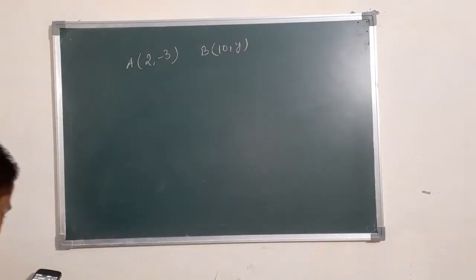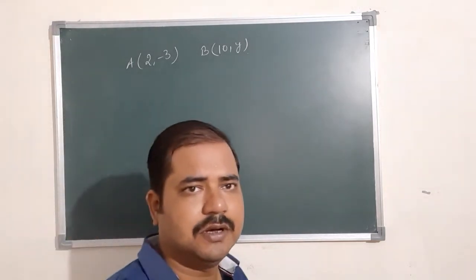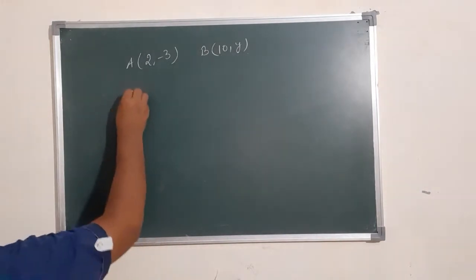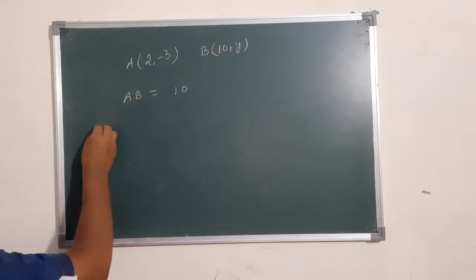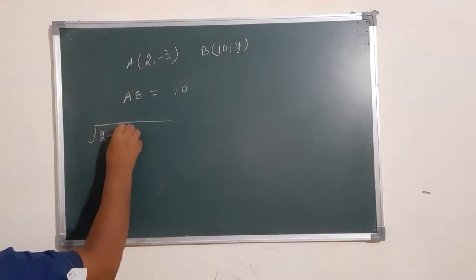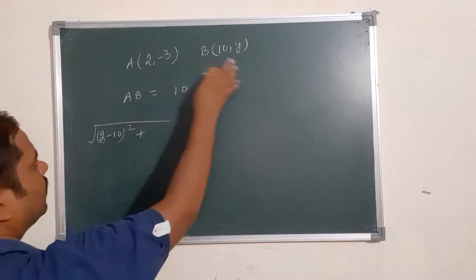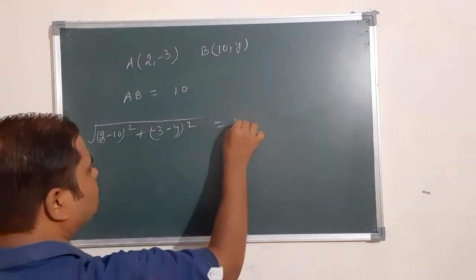Okay, so what is the value of y if the distance between these 2 points is 10 units? So AB must be equal to 10 units. So AB is what? AB is under root (x1 - x2), that means (2 - 10) whole square plus (y1 - y2), that is (-3 - y) whole square, and this is 10.